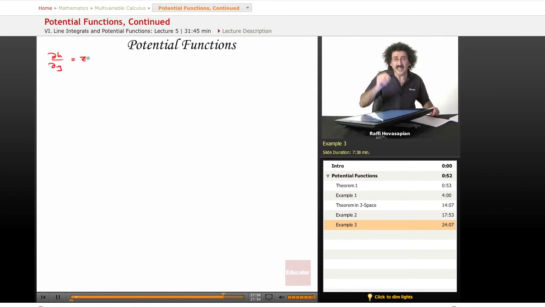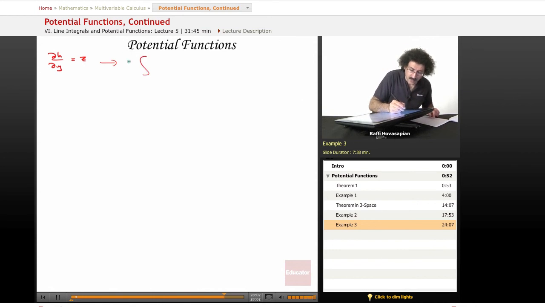So now I'm going to integrate this with respect to y, because it's y here. So h is equal to the integral of z with respect to y. And that's going to equal z squared over 2, right?